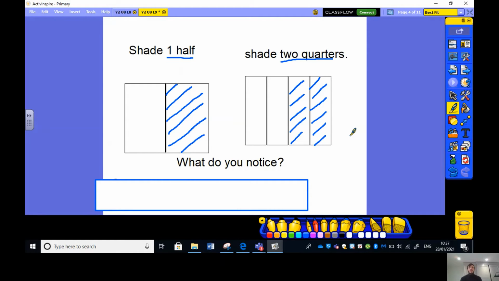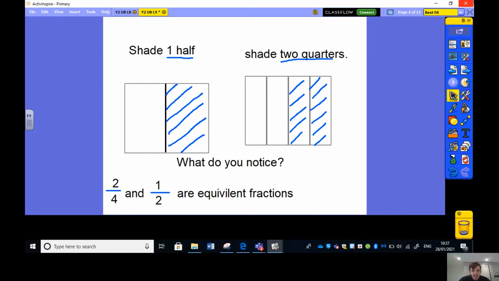Well done. If you've noticed, actually, the same amount has been shaded of this square and this square. So what we realise is 2/4 and 1/2 are equivalent fractions. They are equivalent fractions. They have the same amount shaded.